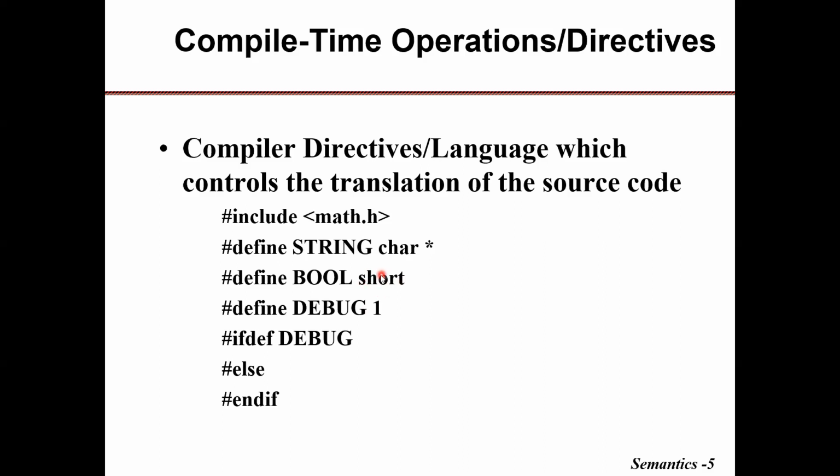So you might use it 10,001 times in your program, and instead of making 10,001 search and replaces, you simply use bool everywhere that you want to have that short integer type, and all you have to do is change it once here, and the compiler will substitute it everywhere you use it, all 10,001 locations in your source code.